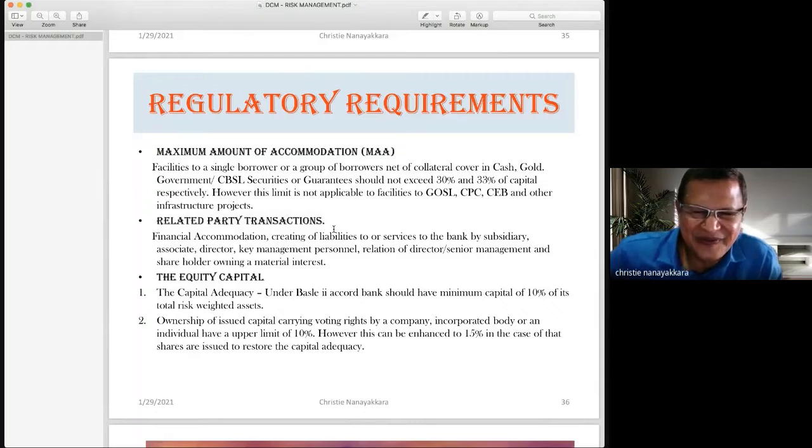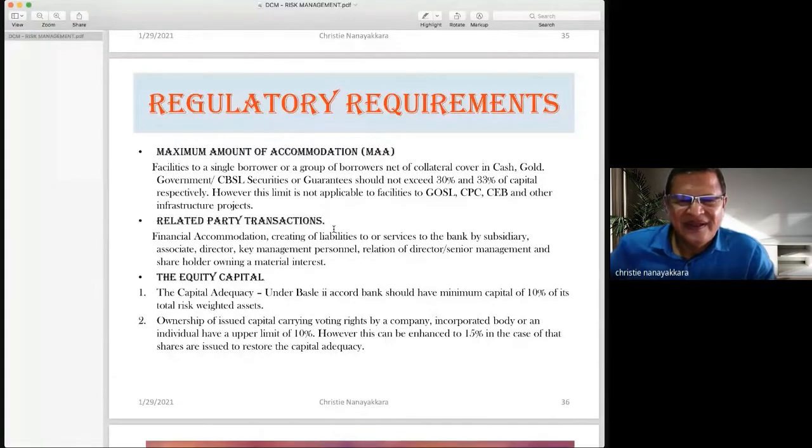CEB needs a lot of money to supply electricity, sometimes on a collection basis, sometimes until the government or others pay their bills. So they need a lot of money, and as a result they borrow huge amounts from banks. If we apply single borrower limits to them, they cannot be in business. So that restriction is there.